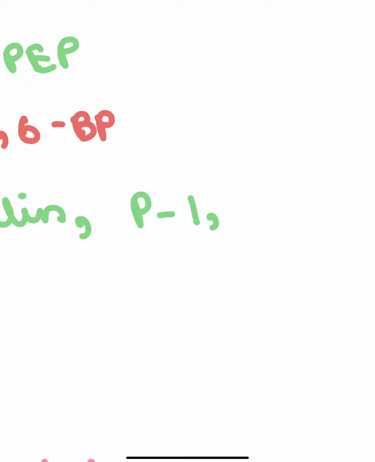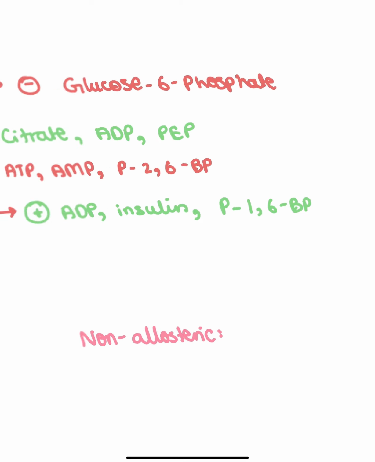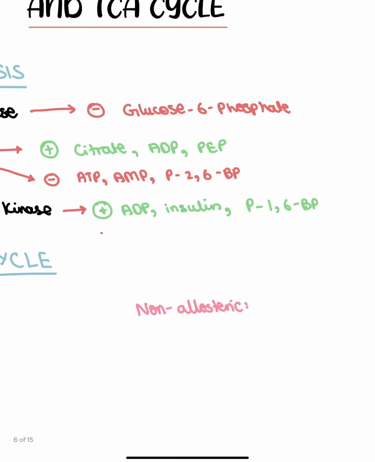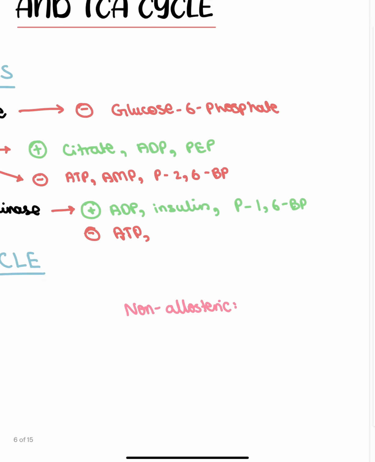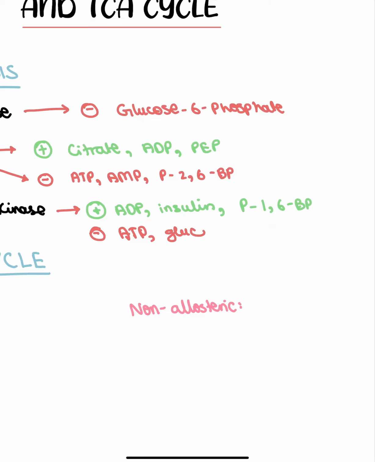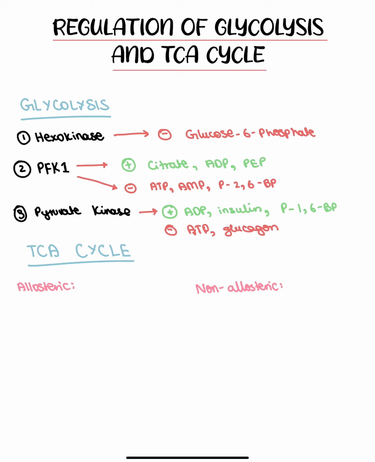And then we have inhibitors. Inhibitors include ATP, because if we already have so much energy, we don't want more, and glucagon. This is also an inhibitor.